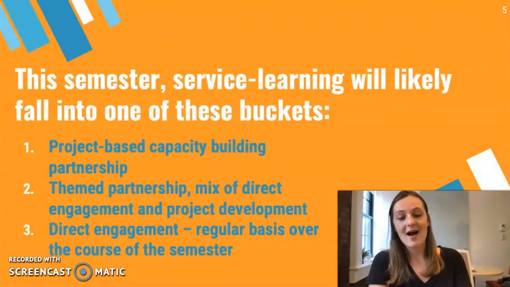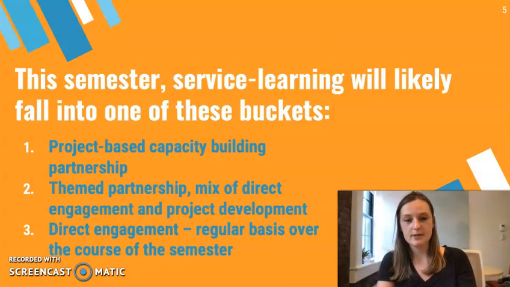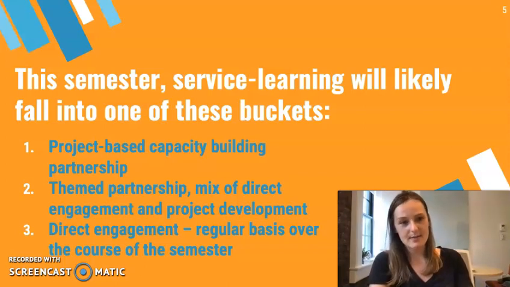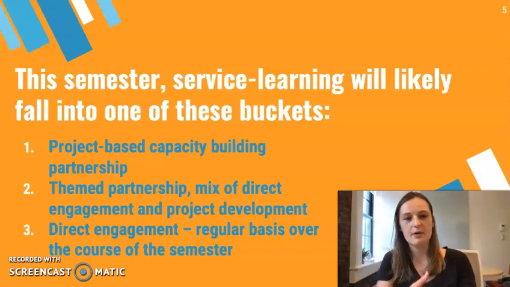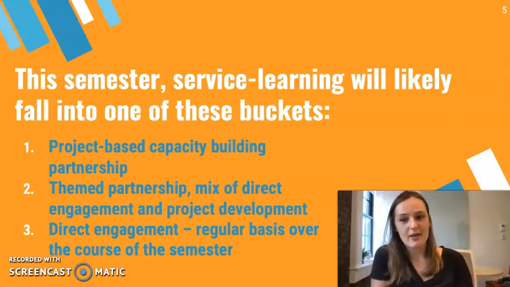So while there is no one-size-fits-all mold for service learning at Northeastern, or really anywhere, we try to build some structure to guide the possibilities based on what our community partners and faculty members are thinking about. These three types of engagement are what you'll be most likely to see, and there's of course a lot of variety throughout these.